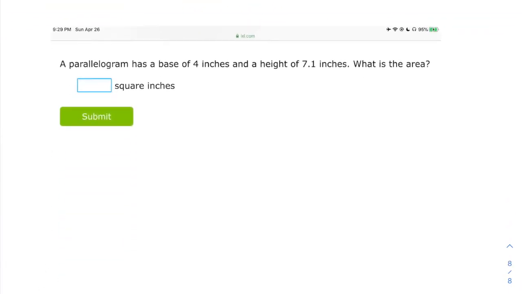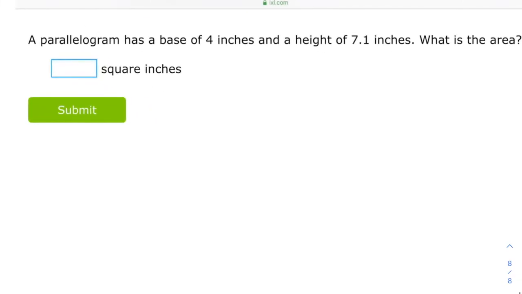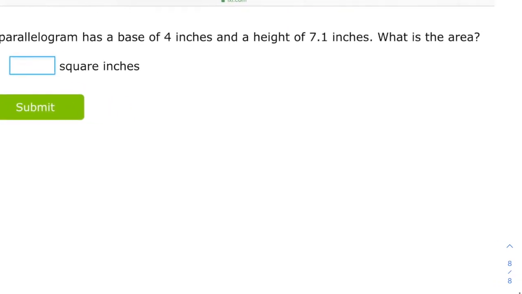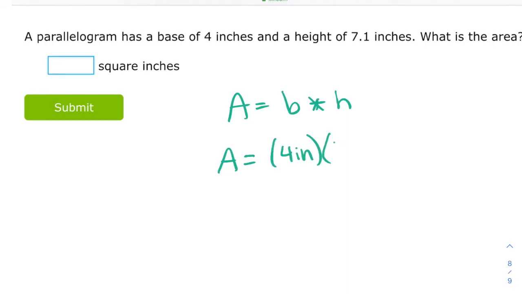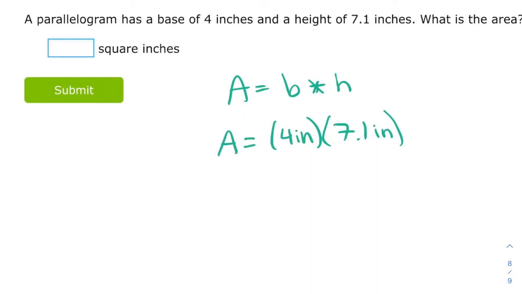Okay. Another one. A parallelogram has a base of 4 and a height of 7.1. What is the area? Well, for a parallelogram, the area is base times height. So this is not a working backwards problem. We are given our base, we're given our height, so all I need to do is multiplication here.